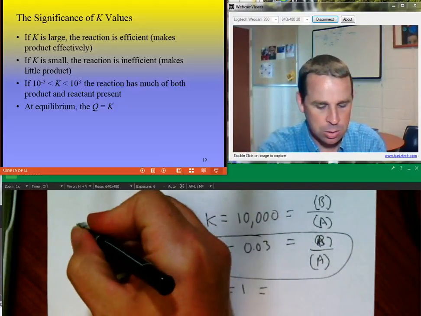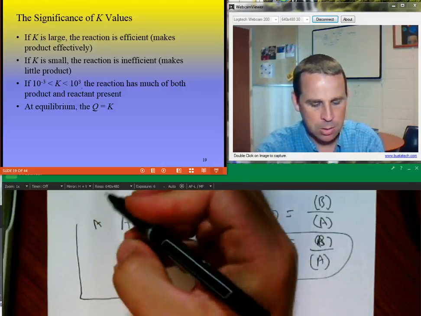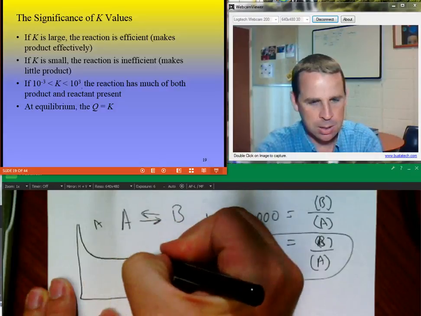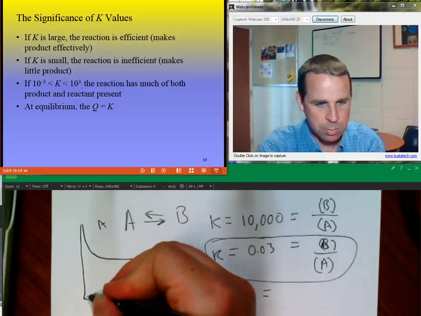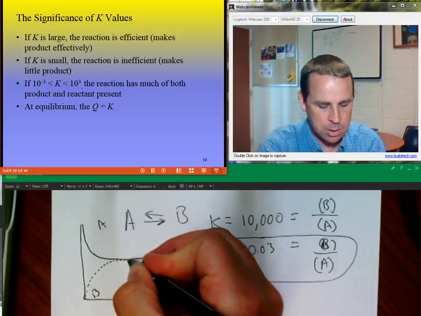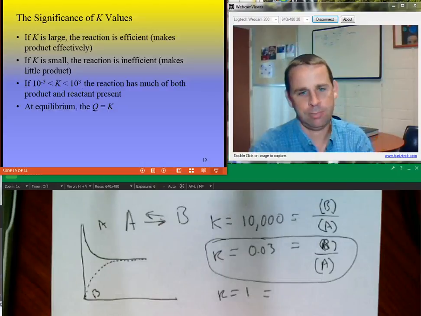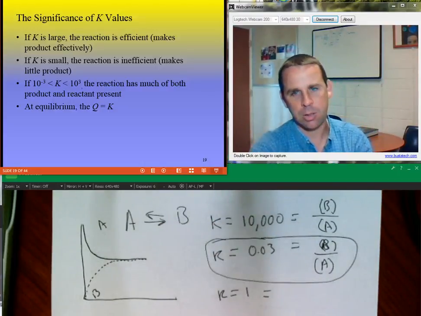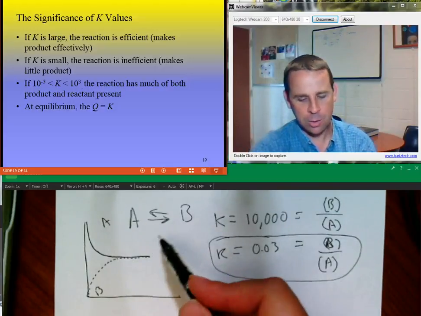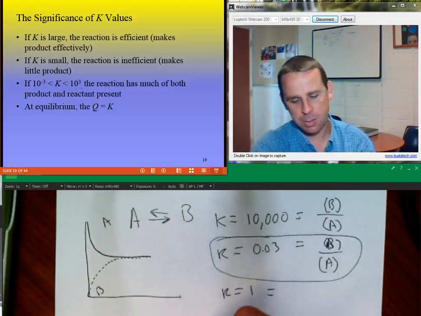So if you had a chemical reaction and monitored the concentration of A versus time, it decreased like this, and you monitored the concentration of B versus time, it would go like this until they had the same concentration. And at those conditions, the rate of B becoming A is the same as the rate of A becoming B.